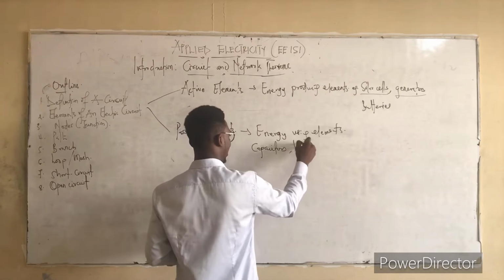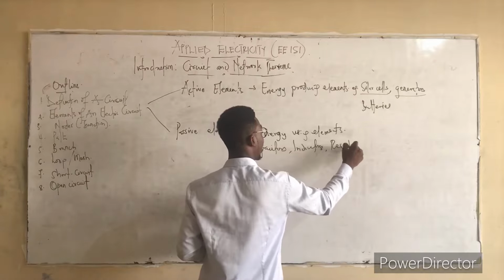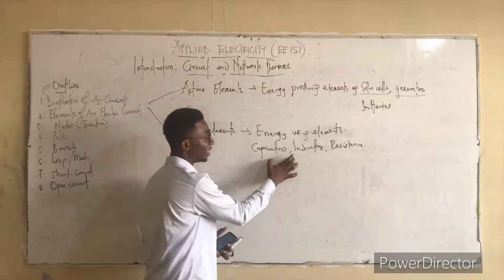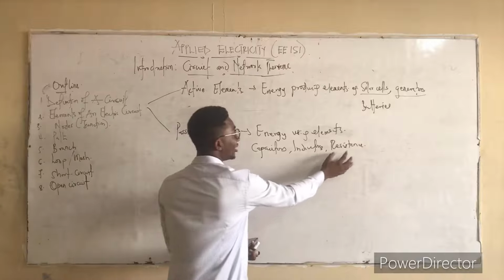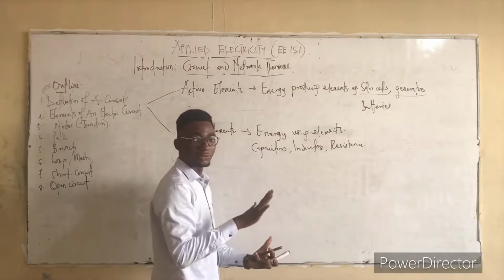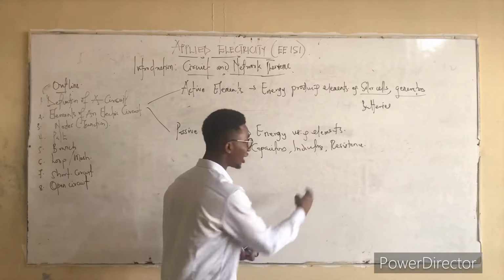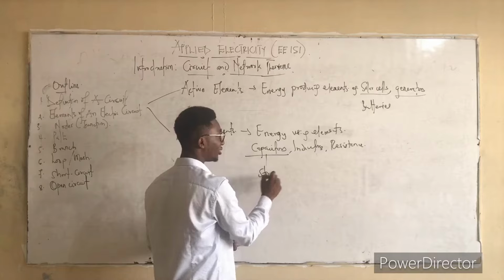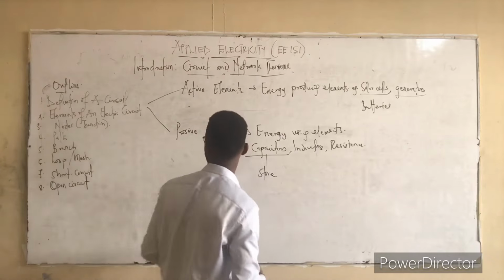You have inductors, you have resistance, and other elements. These elements intend to use the energy. For instance, the resistor will reduce the current flow, and that property is known as the resistance. The capacitor will store the electric charges, and the inductor is meant for inducing the charges.